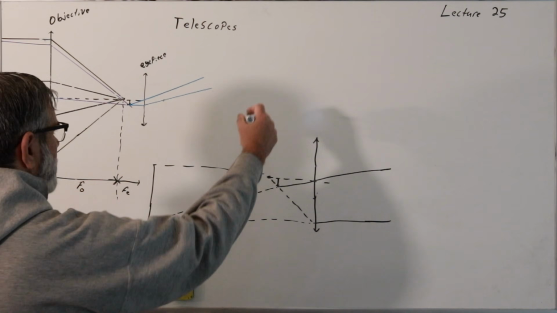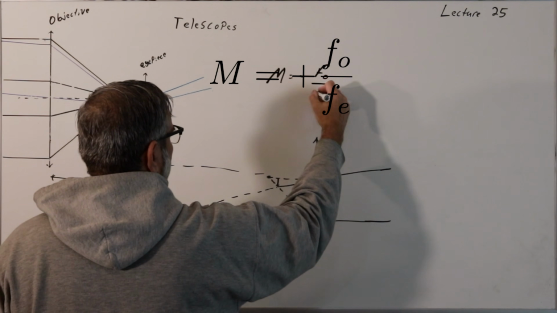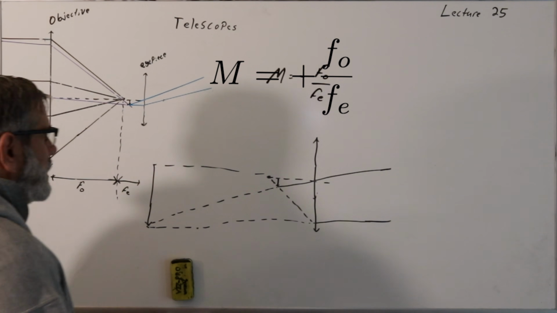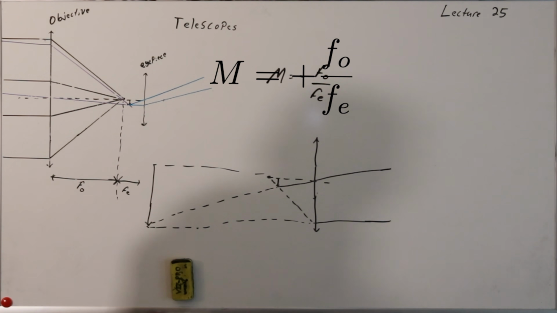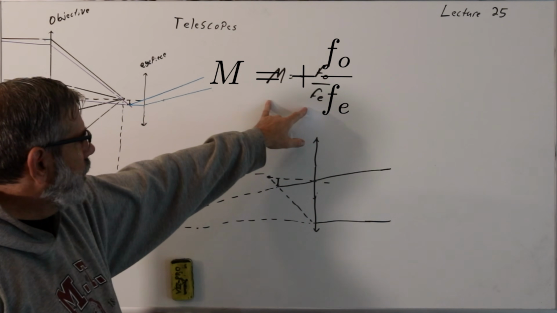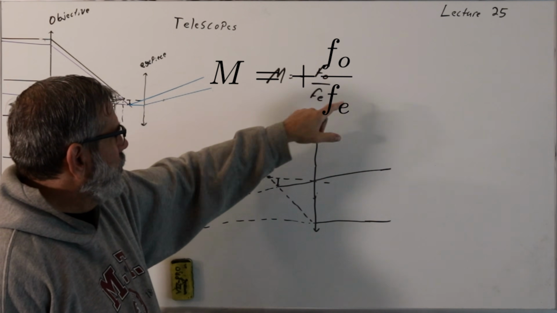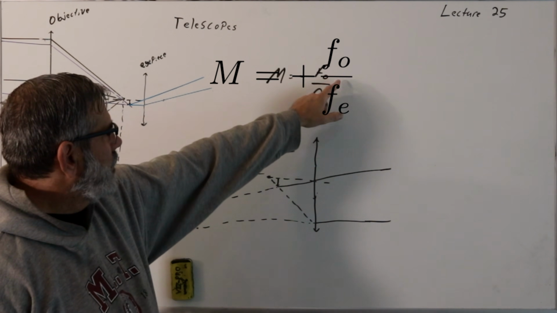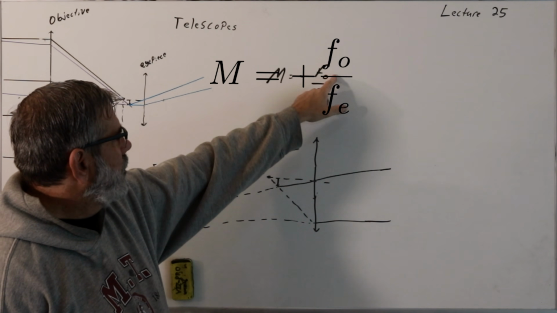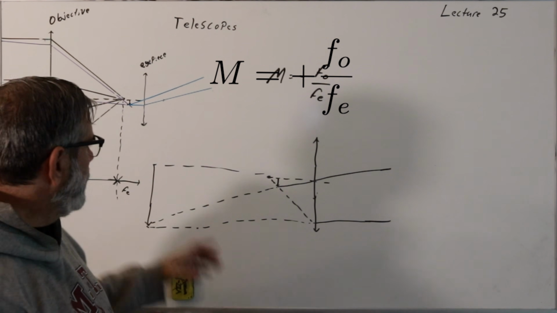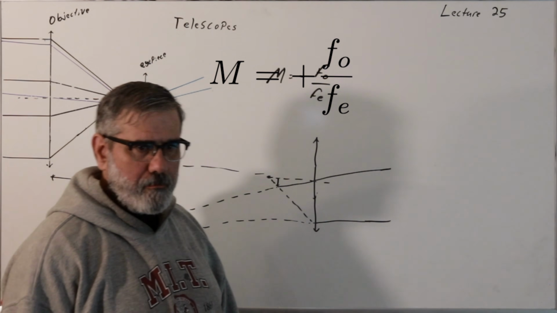So what does the magnification turn out to be? F_O over F_E. I'm not going to derive it. It's not that hard, but it's not important for what we're doing. Since these are both positive lenses, these focal lengths will be positive. These are converging, convex lenses.